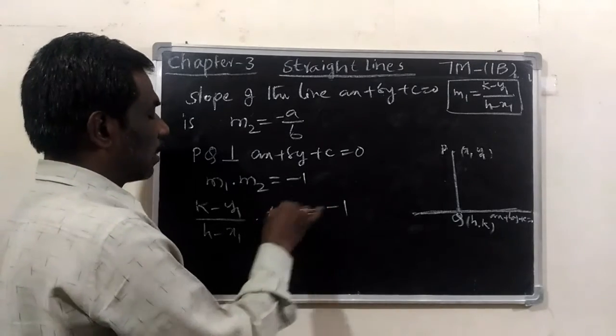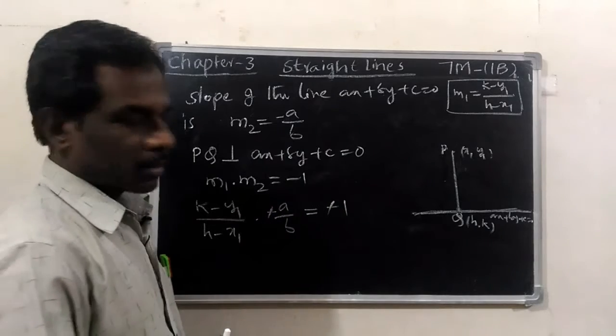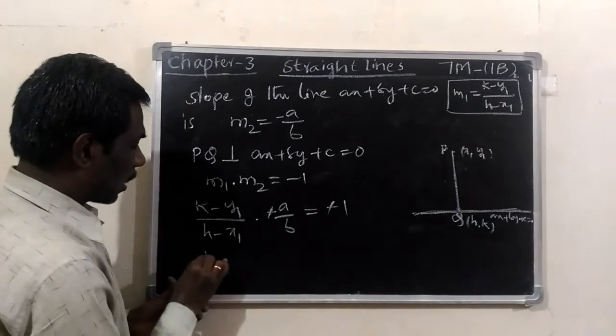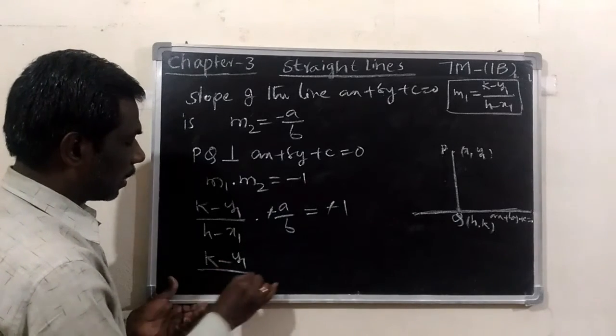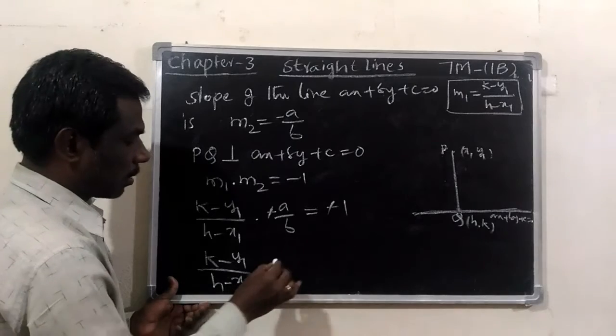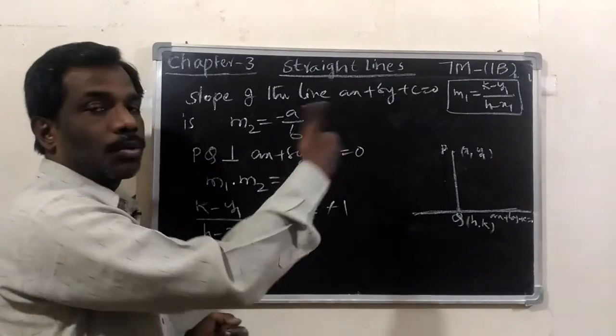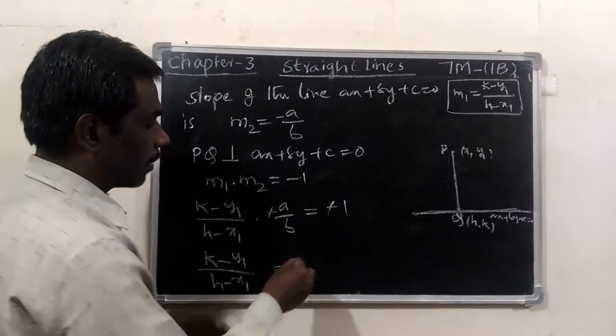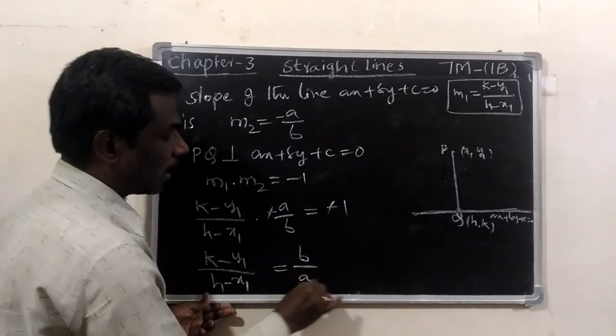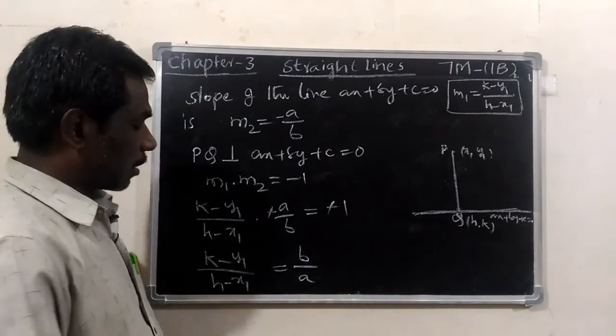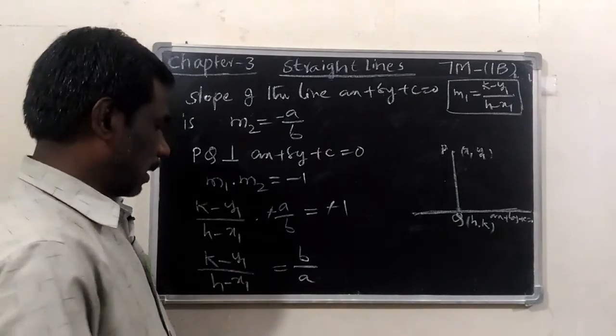We can cancel minus on both the sides. After this, write (k - y1)/(h - x1) = transfer this a/b to the right side, and that becomes b/a.